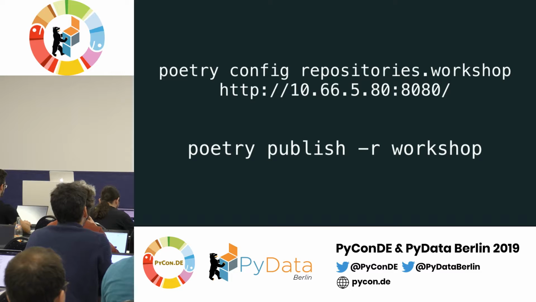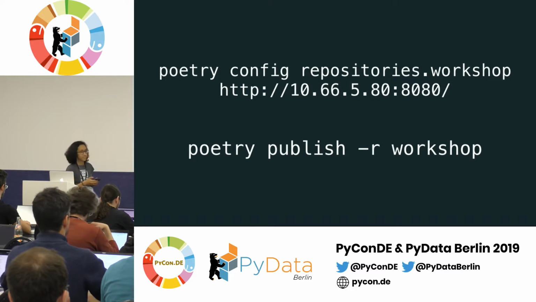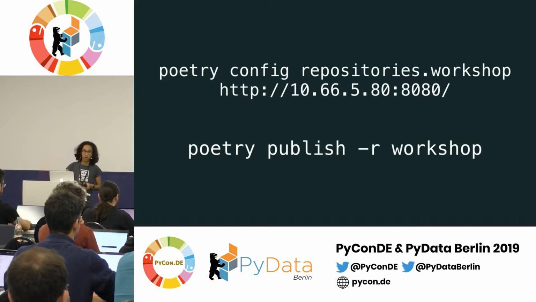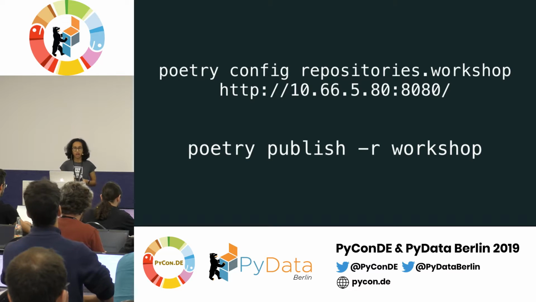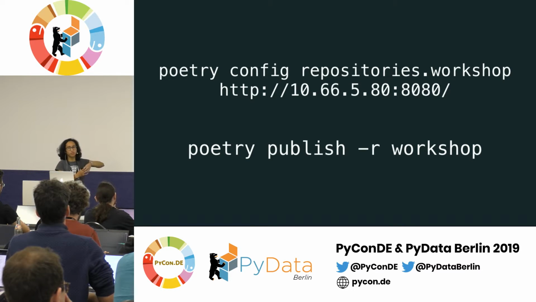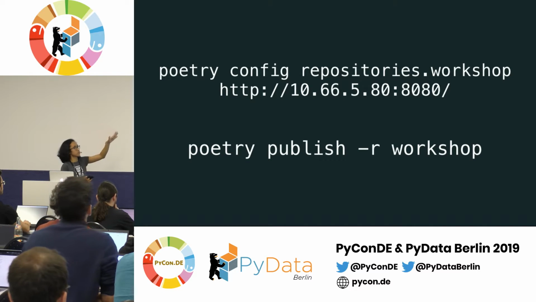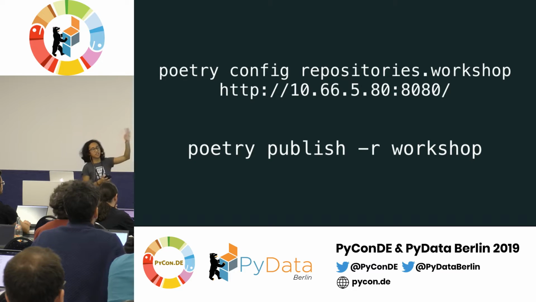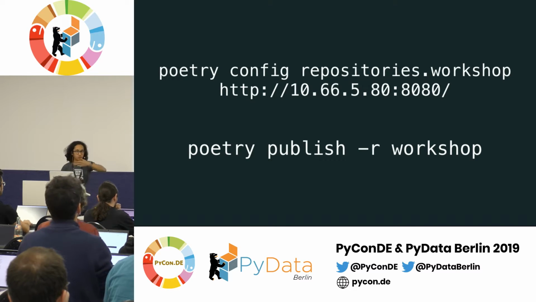Yeah, okay, cool. So the answer is to have your own packaging index repository, which I have also today. You can configure a private repository with Poetry like so: poetry config repositories dot and the name of the repository that you want to refer to in future commands.